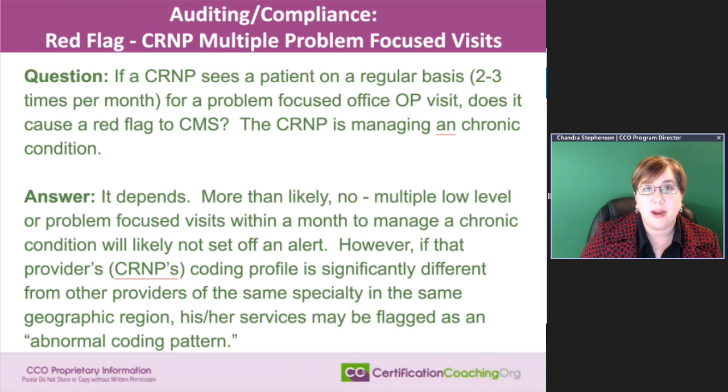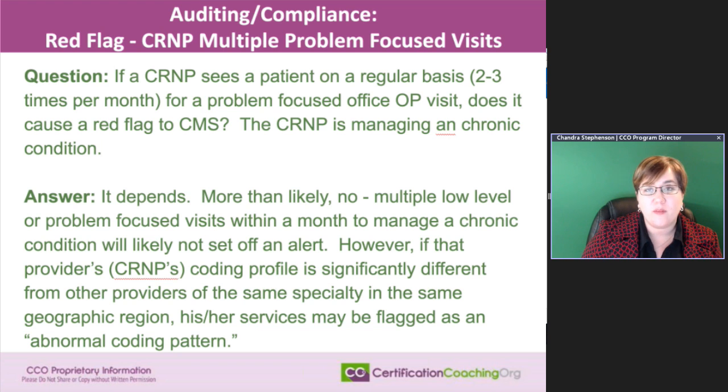A provider comparison basically takes your provider and shows them where their coding profile falls in comparison to other providers of the same specialty in the same geographic region. Your family practitioner may be compared to other family practitioners in the same area.